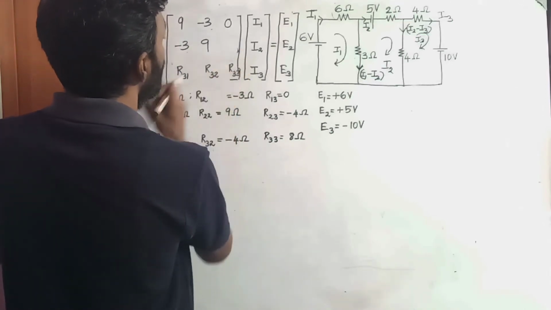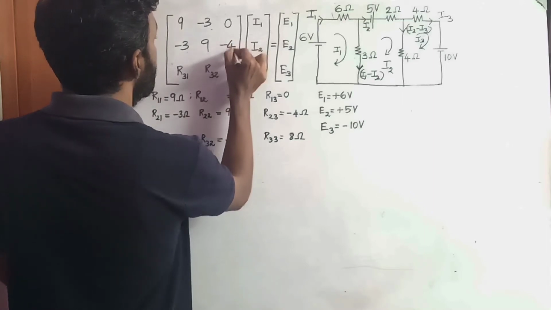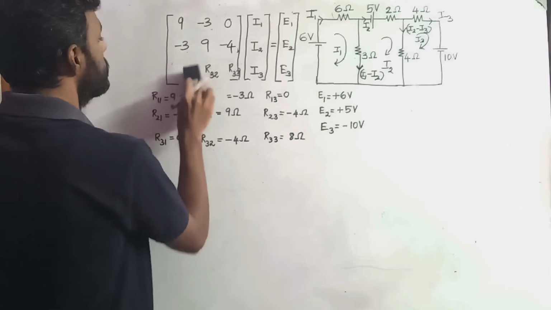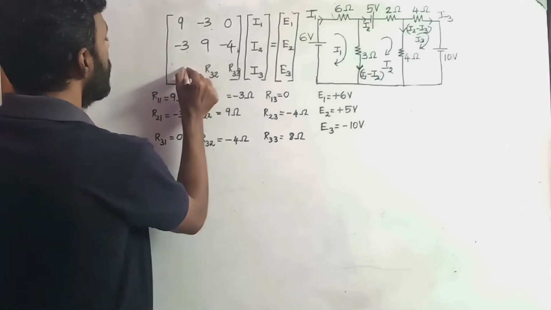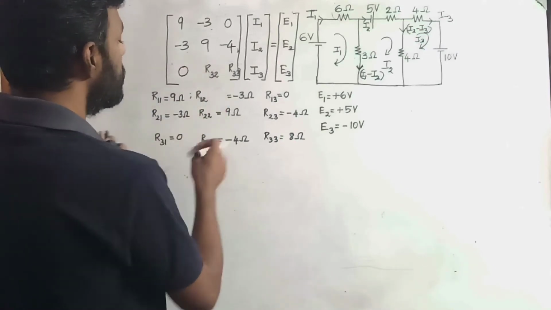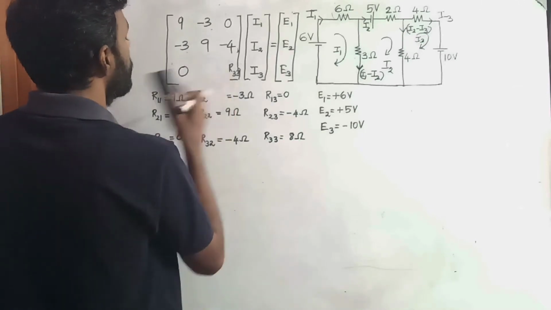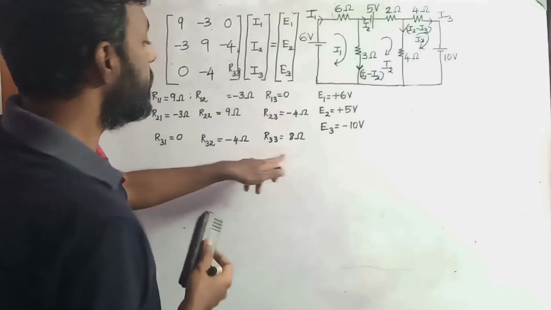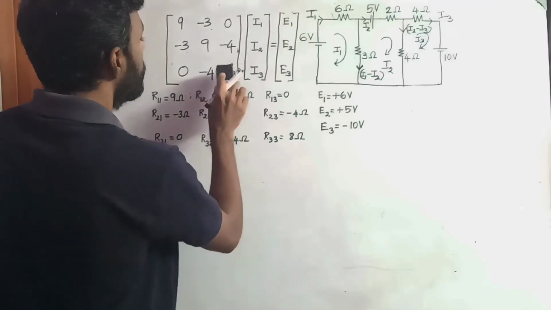R31 is 0. R32 is minus 4. And R33 is 8 ohms.